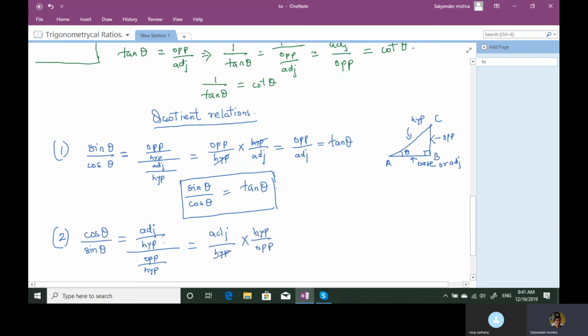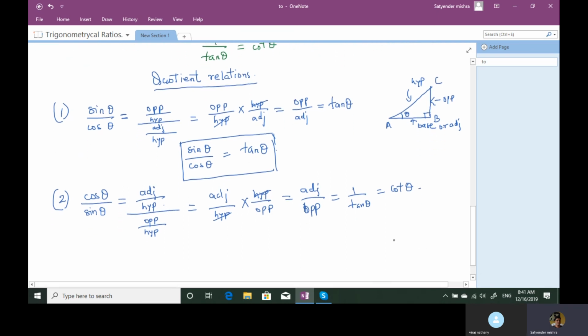So hypotenuse and hypotenuse have got cancelled, which is equal to adjacent by opposite. And this is equal to 1 by tan theta, which is equal to cot theta. Fine, this is the second relationship. So the second relationship states that cos theta by sin theta is equal to cot theta.